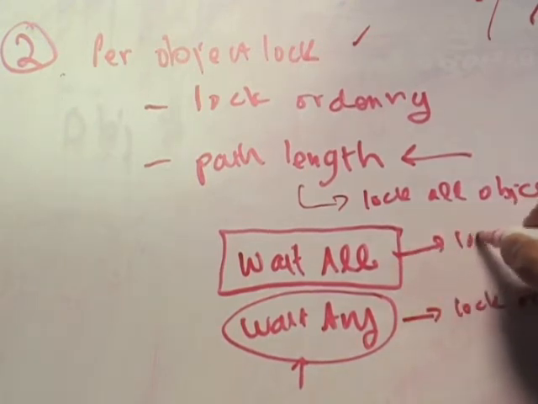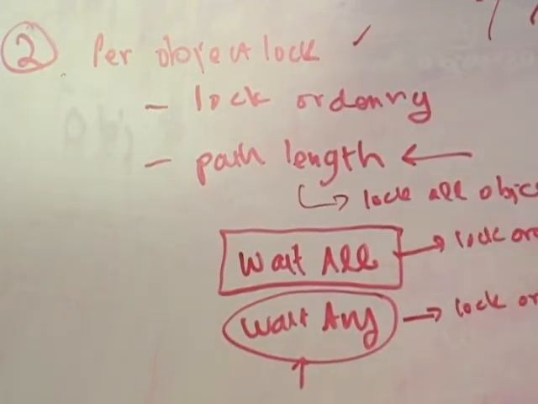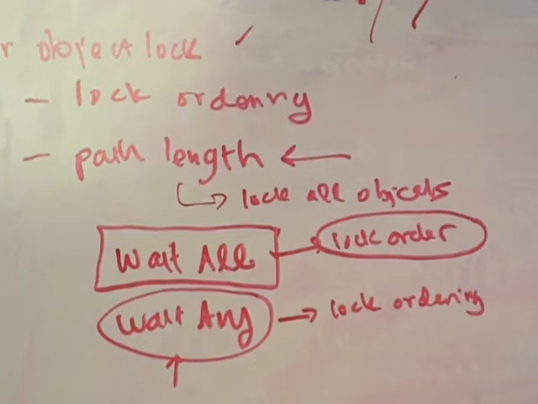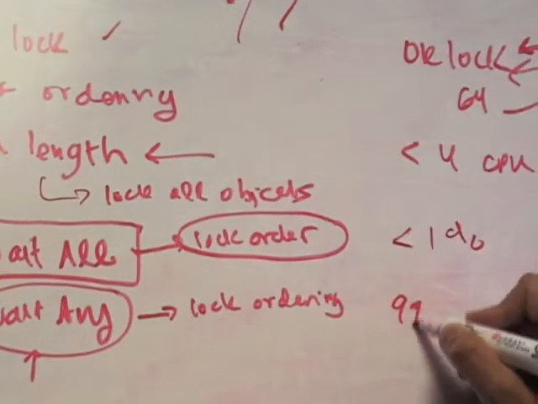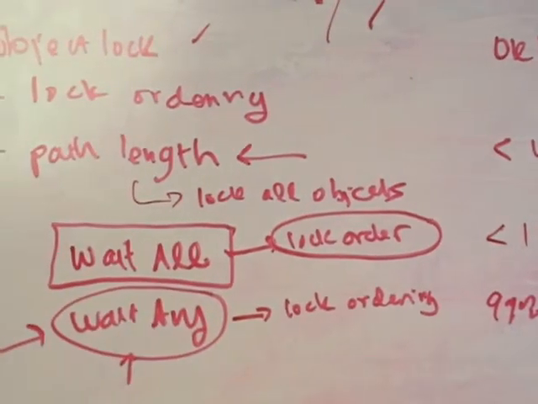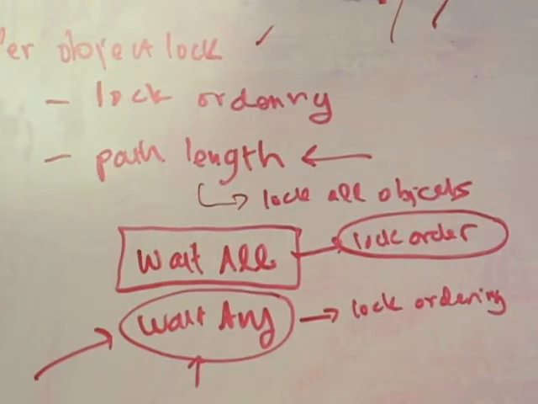Whereas here we have to worry about lock order. So this adds a lot of cost, trying to define a well-structured lock order, maybe even sorting objects, which is what we ended up doing. We'll talk about that in a second. But you don't want to do that all the time, particularly for this wait any case, which is very common. We're talking about less than 1%, and this is like 99% plus, right? Sure. So, standard principle, make this case a lot better. Excellent.